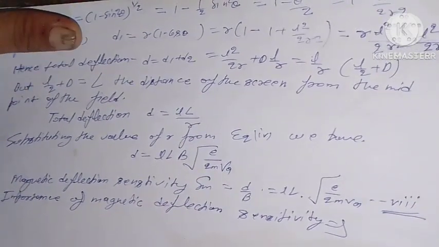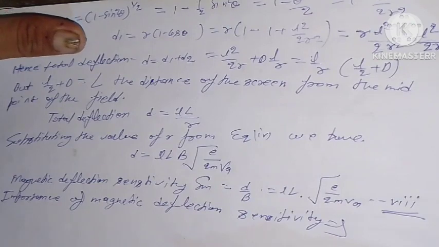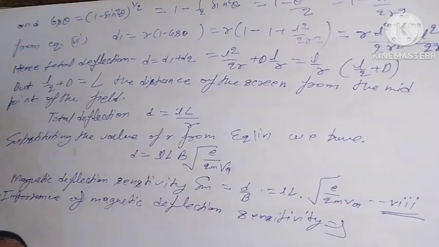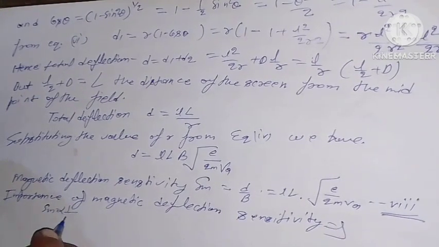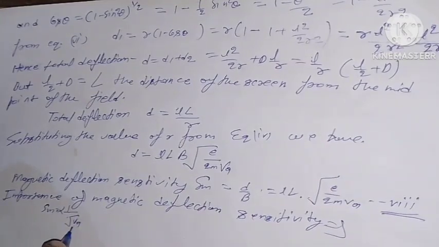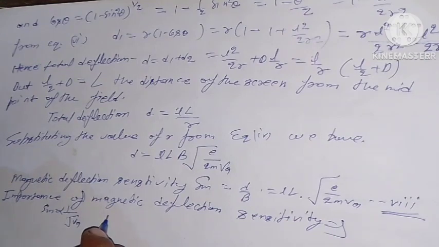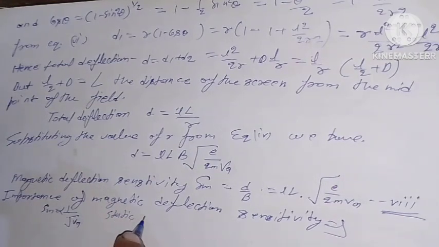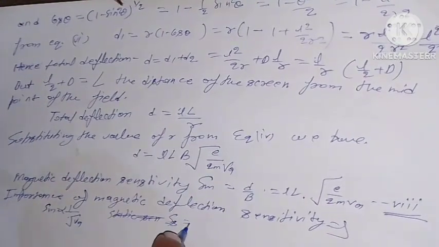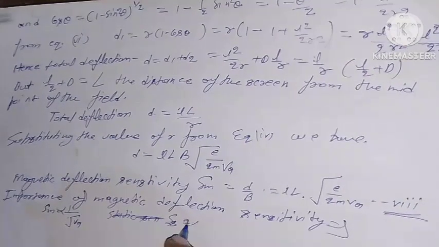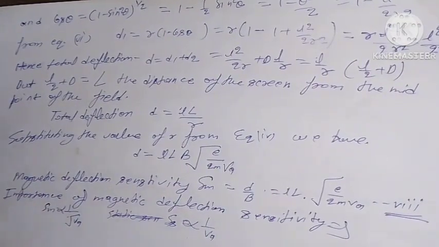The magnetic deflection sensitivity SM is inversely proportional to under root of VA, whereas electrostatic deflection sensitivity is inversely proportional to VA.